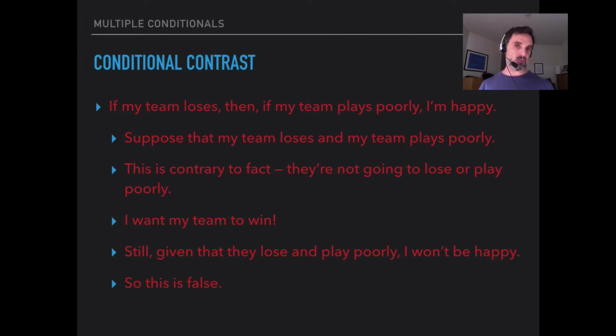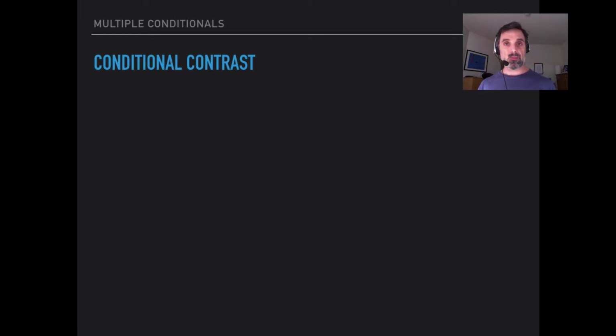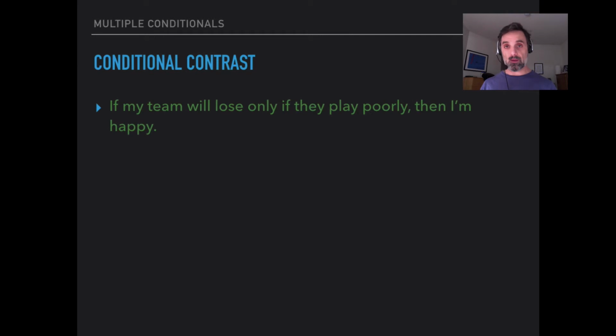And what's happening is because these sentences are different, we're asked to consider different things. We want to know if the antecedent is true, is the consequent also true? They have different antecedents and different consequents, so they say different things, and we have to ask different things to find out whether or not they're true or false. So this one, if my team will lose only if I play poorly, then I'm happy. We said that's true.